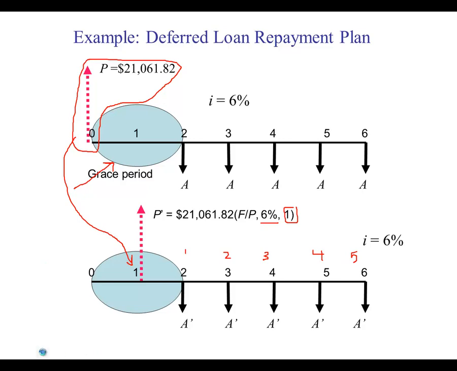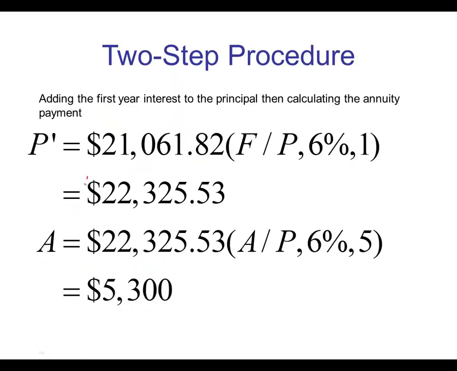Using the formula, this is the new p value that I will use now in my capital recovery factor, and I will calculate again.